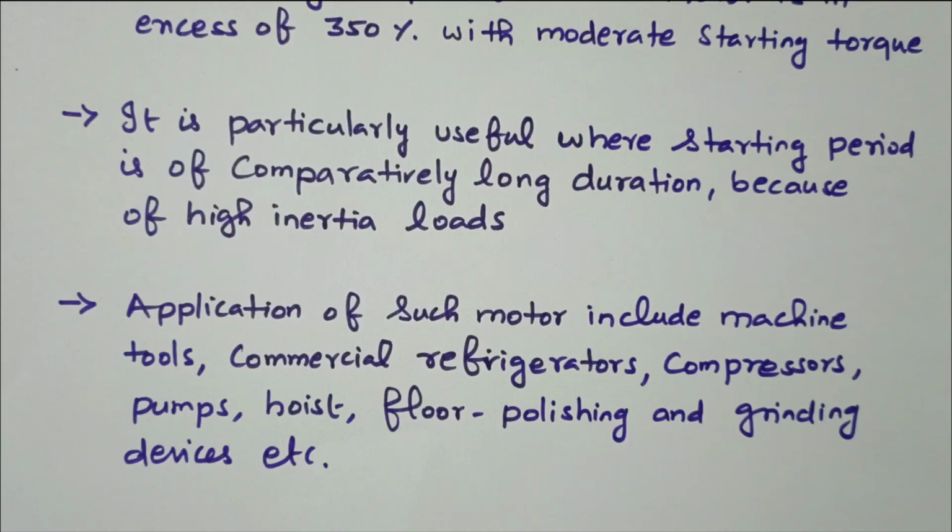In that, two types are available. In this repulsion motor we normally use brushes with a commutator. In one type the brushes are lifted after short circuiting, with a radial form of commutator, applicable for small as well as large sizes. In another method the brushes are always riding with the commutator, not lifted off, using an axial form, applicable only for small sizes. It also has high starting torque, because a repulsion motor always has high starting torque.